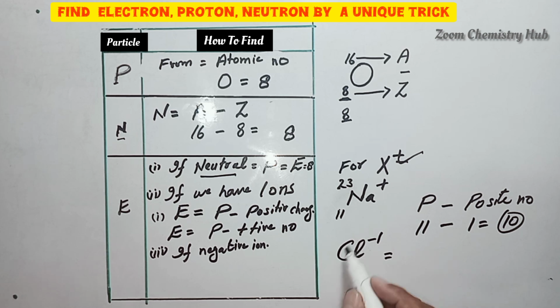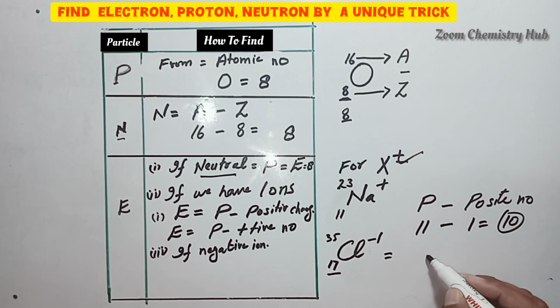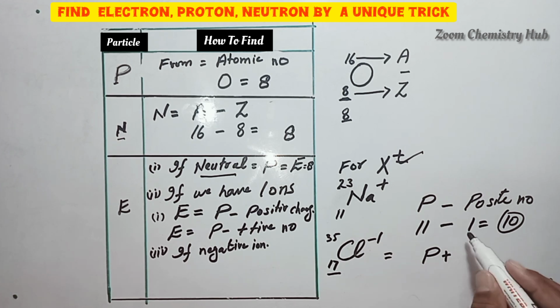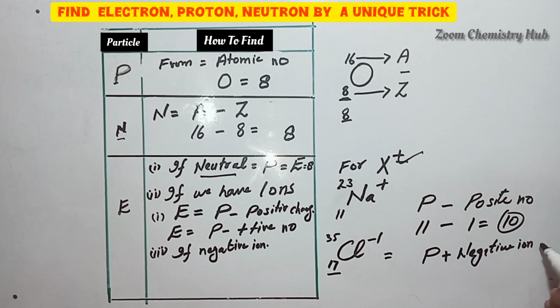and chloride ion has atomic number 17 and mass number 35, and here you can see the number of proton is 17, that is proton number plus the negative ion's number.